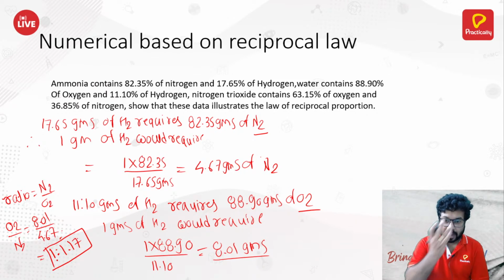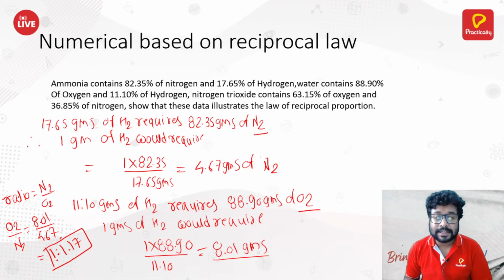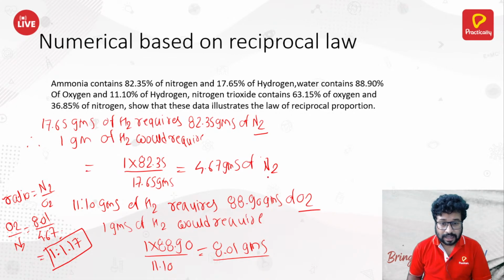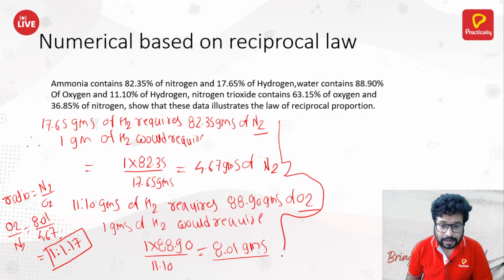Now let's take the next. Nitrogen trioxide contains 63.15 grams of oxygen and 36.85 grams of nitrogen. Let's take their ratio. Oxygen is 63.15 as to 36.85.